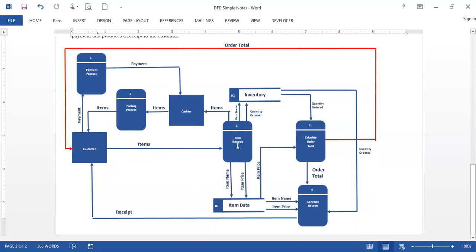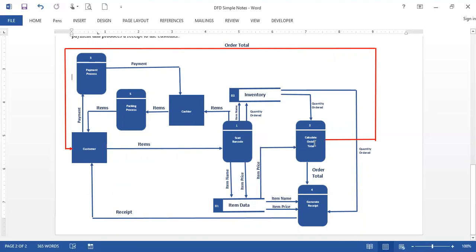So the barcode is scanned, and then from the scanning of the barcode, the item name and the item price are retrieved and stored in a database that we're calling item data. Also from the scan, the item name and the quantity ordered are generated and stored in another database that we're calling inventory.